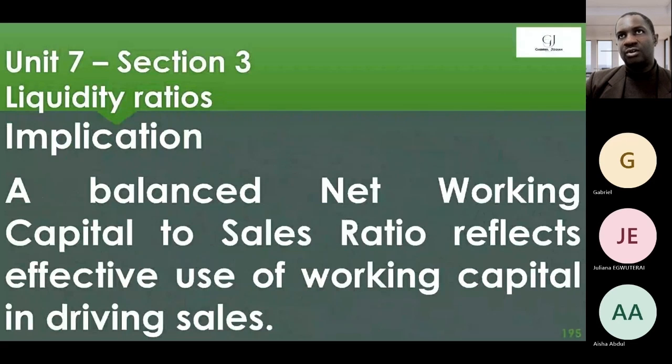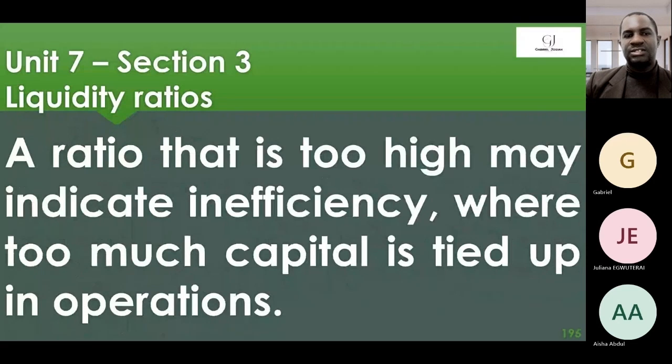So balance will depend on your operations, your interpretation, and how you are able to drive operations. So there is no hard and fast rule that this percentage or this amount or this ratio is the ideal amount or benchmark. The balance will depend on your industry and how you're able to facilitate your operations to your working capital and in driving sales.